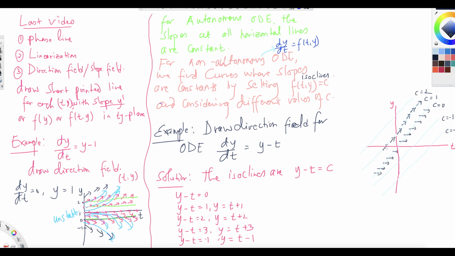At any point you consider, you will get the same slope on these lines. So for c equals negative 1, the slope will be negative 1. How would that look? It looks like this, on these lines.